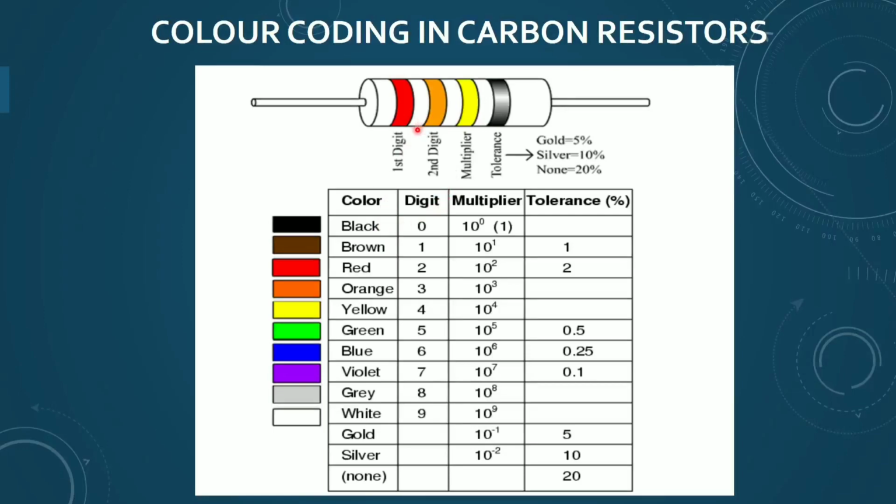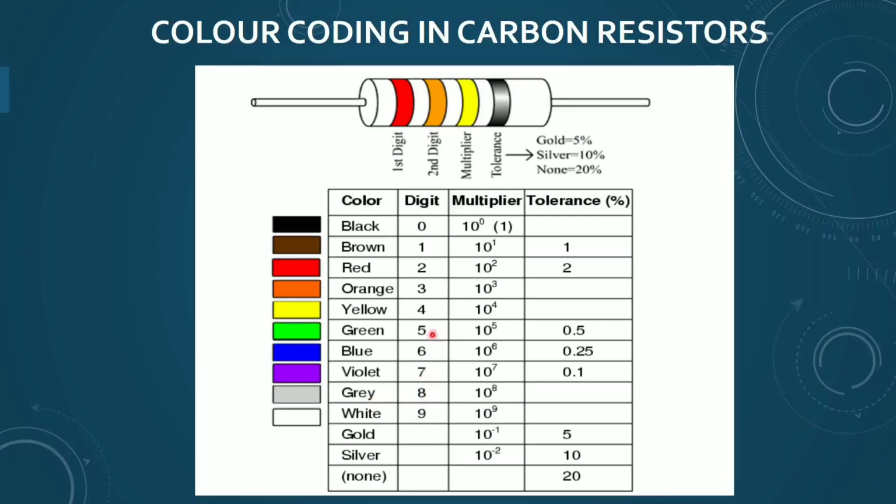This is simply a diagram of the carbon resistor, which you will observe practically also, that there are 4 color bands, and this color coding table should be known to you: black is 0, brown is 1, and numbers 1 to 9 are given, which can be remembered in a way: black is 0, brown is 1, white all colors is 9 and gray is 8.